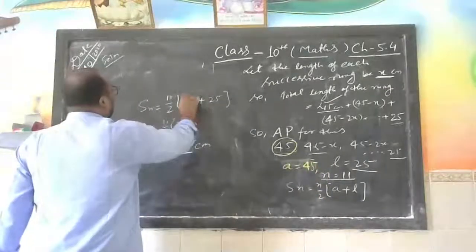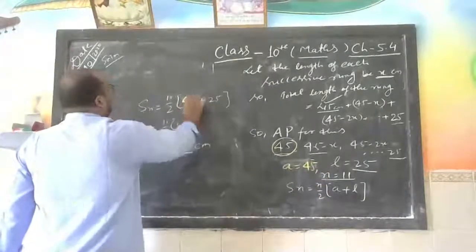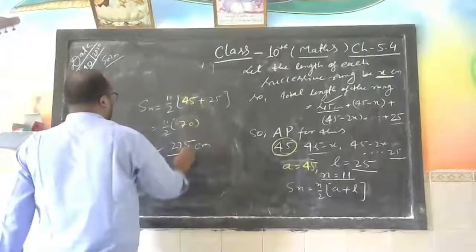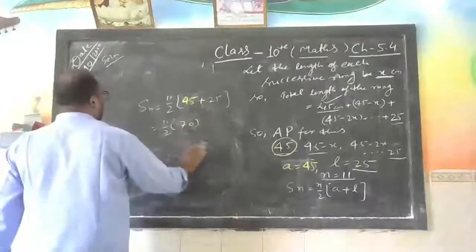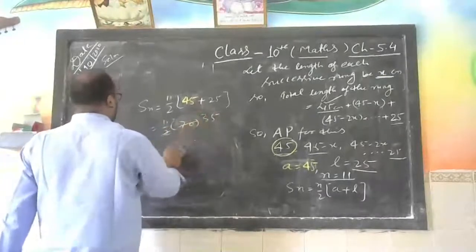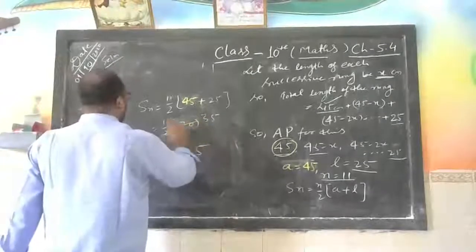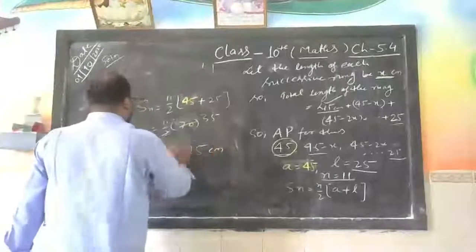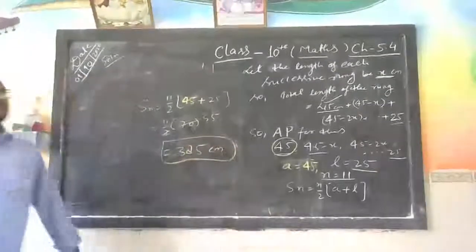It will also be a mistake here. Now it is 70, so 11 by 2 into 70 is 35 times 11. So the answer is 385.